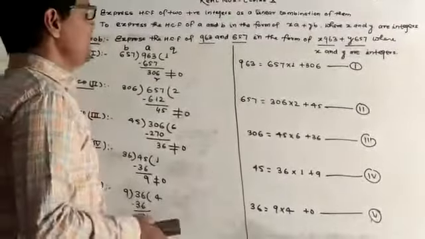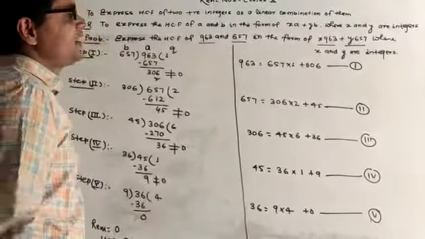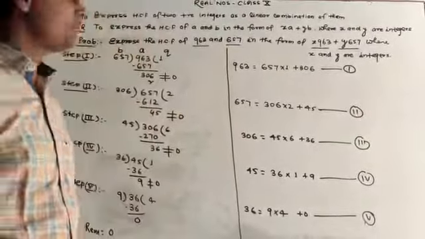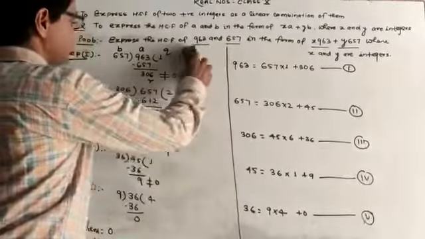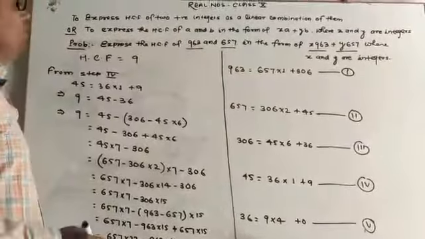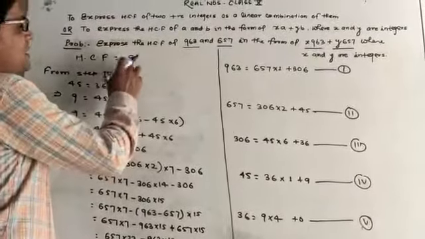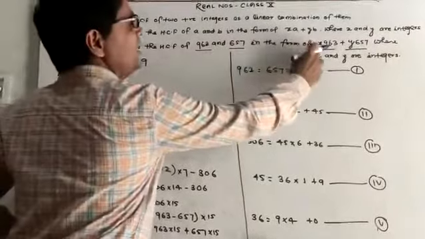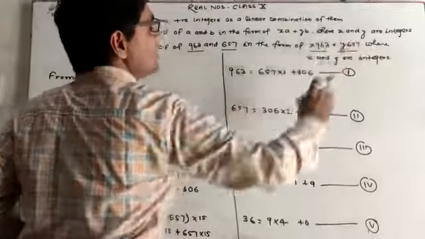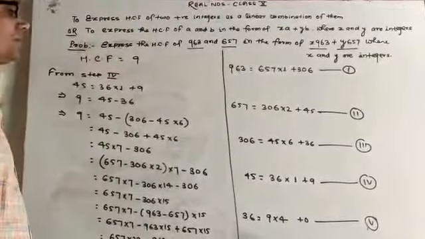Now we will express this HCF 9 in the form of x times 963 plus y times 657.